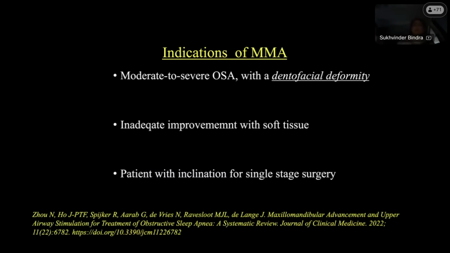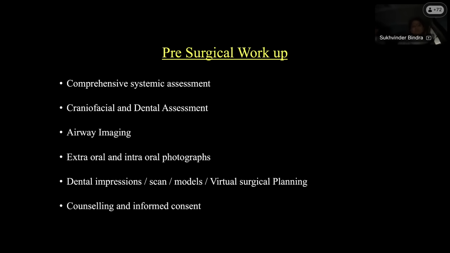So the candidates who will benefit from MMA are the patients who have moderate to severe OSA with dentofacial deformity, where there is retrognathic mandible, hypoplastic maxilla, and in case of the patient who have undergone soft tissue surgery but inadequate improvement was seen, and patients who have the inclination that yes, they want single-stage surgery to address all the issues.